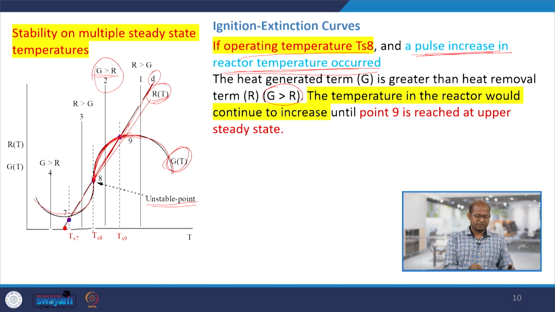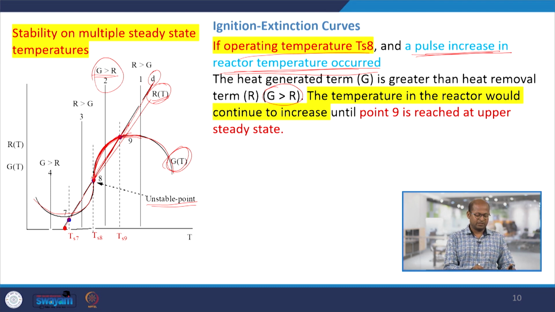So, from here heat generation is more than heat removal, and gradually it would reach point 9. Until and unless we reach point 9, we will not get any steady state temperature.